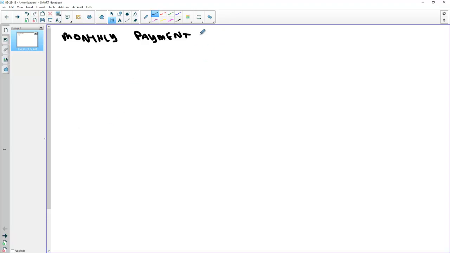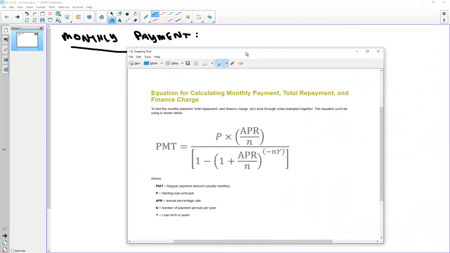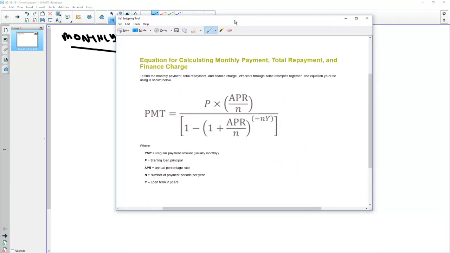Okay, so monthly payment. We're going to talk about how to calculate this, and I might need a few pages for this. So let's go ahead and bring up this formula here. So here is the formula for calculating a monthly payment, total repayment, and finance charge.